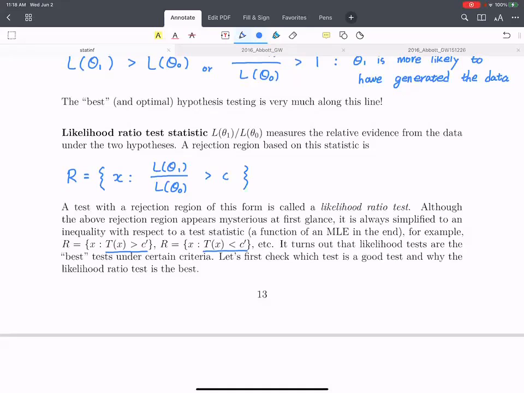So I will just follow that tradition, but I want to say that almost all the hypothesis testing procedures specified in statistical inference books, for example undergraduate level books for frequentist hypothesis testing, are all based on likelihood ratio tests or generalized likelihood ratio tests, which you will learn.